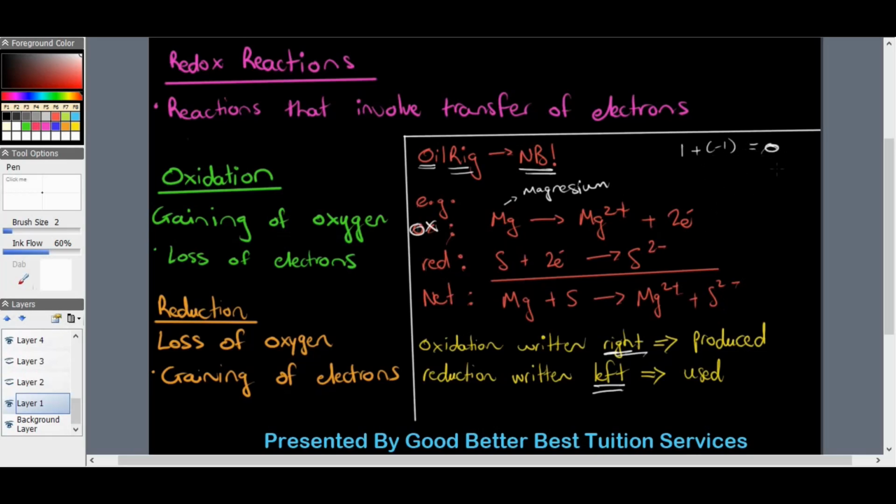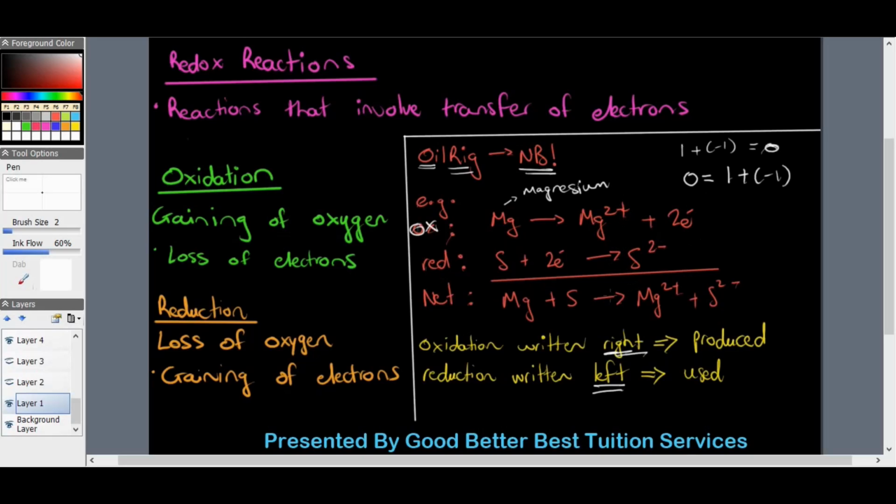But if I do it the other way around, I'm showing you that 0 was produced by taking 1 plus minus 1. This is my little trick that I used in grade 11 and 12, because I struggled in tests and exams with knowing how to write which one.